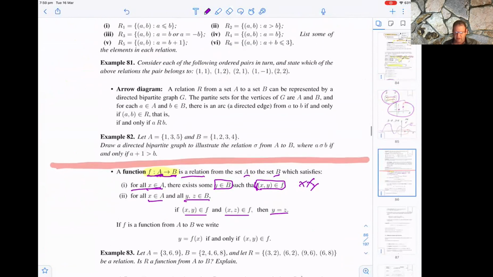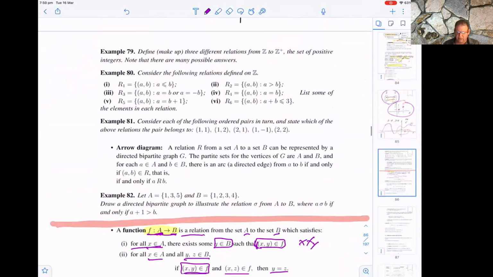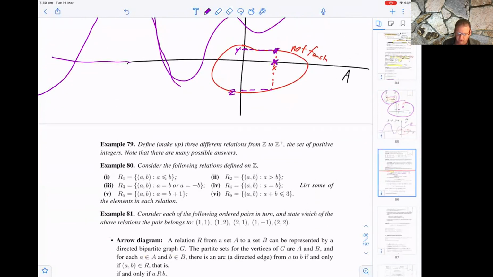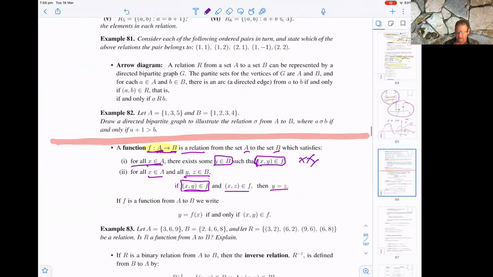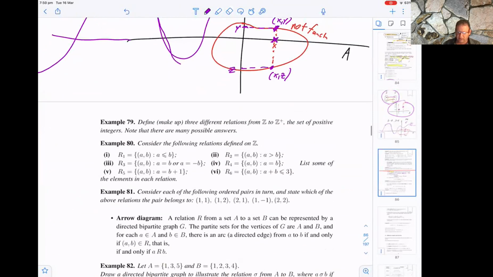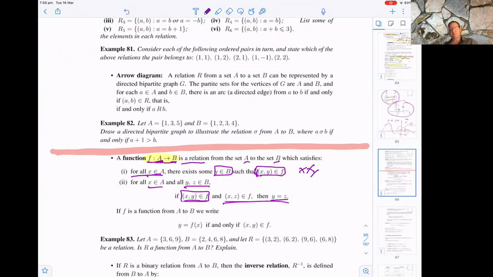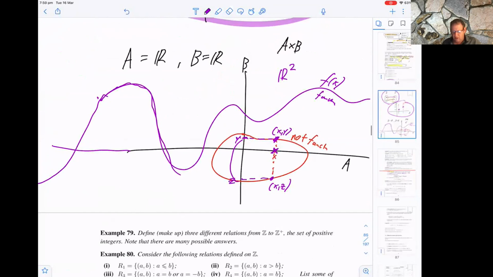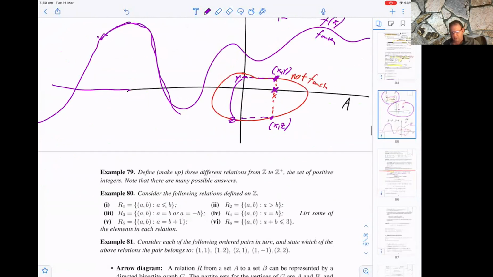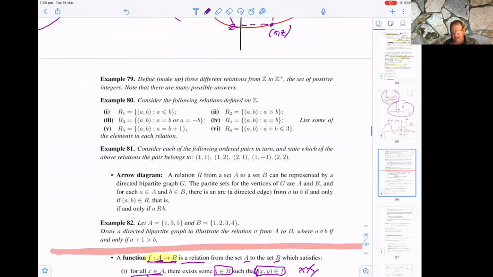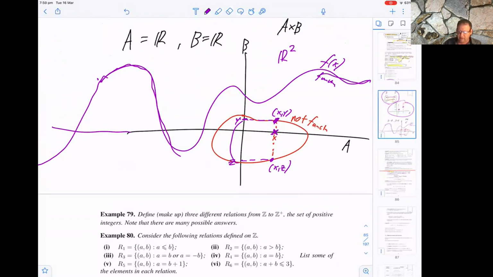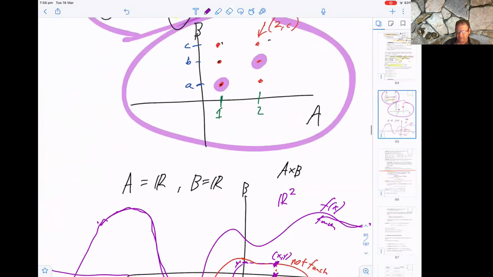It says xy is in the relation because this is a point xy. And this is a point xz, right? Now, I must have that y equals z, and that's not the case, and that's why this is not a function. So basically, it means that for an input, you only get a single output. So relations that satisfy this are a function.